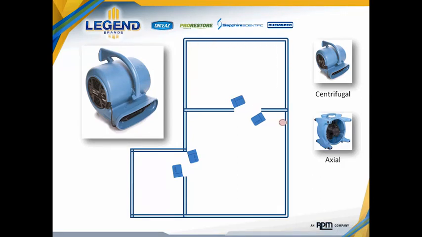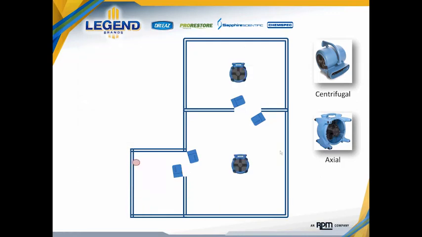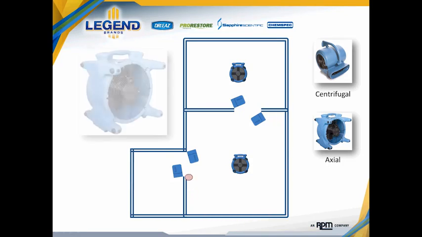So with that in mind, that covers the perimeter of the area quite well. But what is still lacking or missing air movement is the center of the rooms. And this is where the axial type air mover that we looked at earlier becomes extremely beneficial. We looked at those thermal imagings. We looked at an air mover pointed straight down in the middle to create airflow out in the middle of the room.